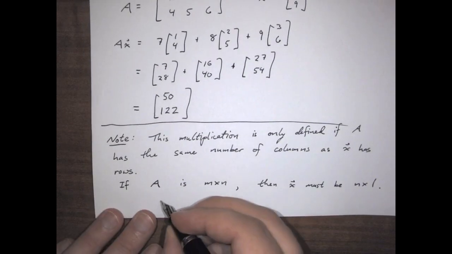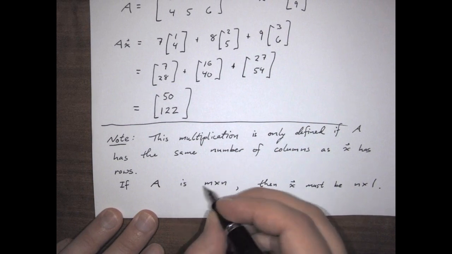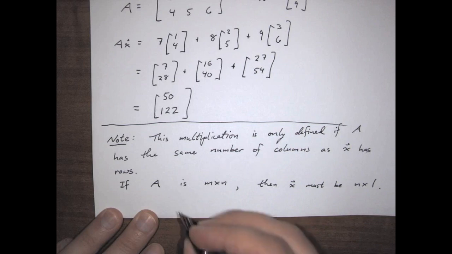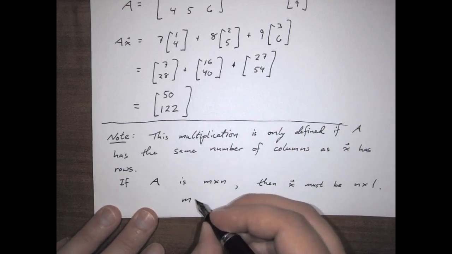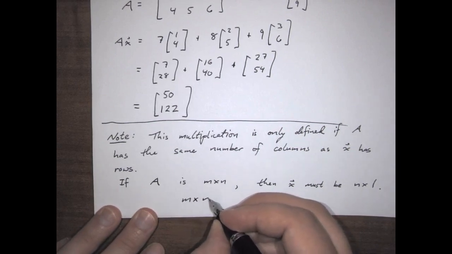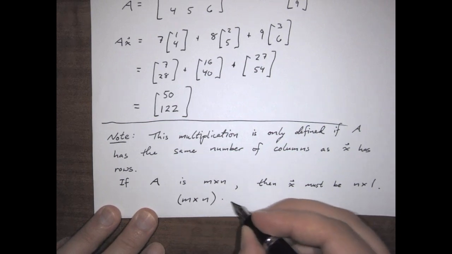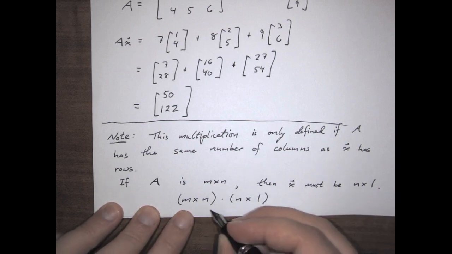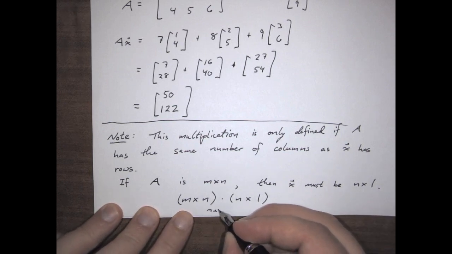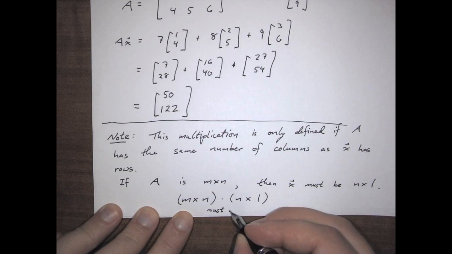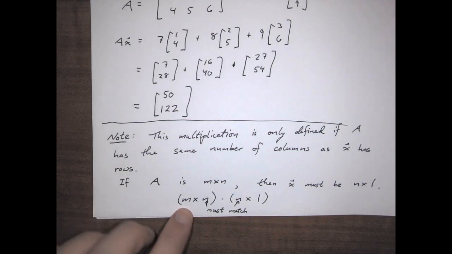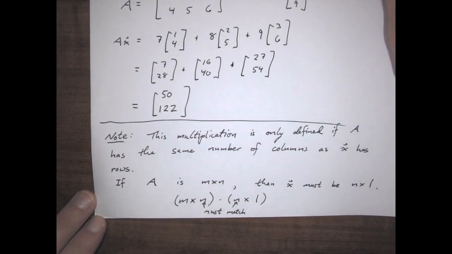So in other words, in order to do the matrix multiplication, the inner dimensions have to match. So m by n times n by 1. So these must match. We need the inner dimensions to match before this matrix multiplication makes sense.